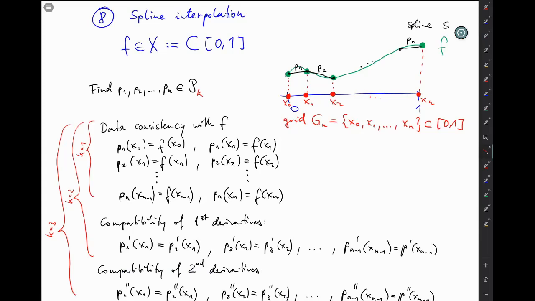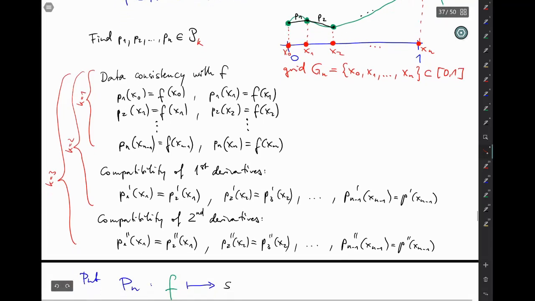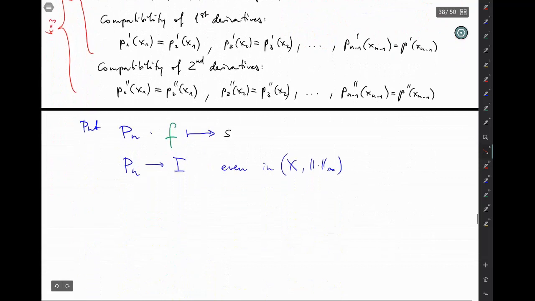So if you compare the largest gap and the smallest gap in your grid, then that quotient should not blow up. It should not go to infinity, or yeah, it should be bounded somehow. And if that happens, then you're guaranteed convergence even uniformly here.